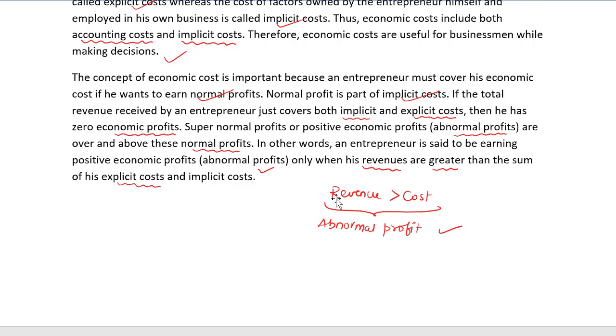Just write a quick meaning of implicit cost over here. Implicit cost. So implicit cost includes what?